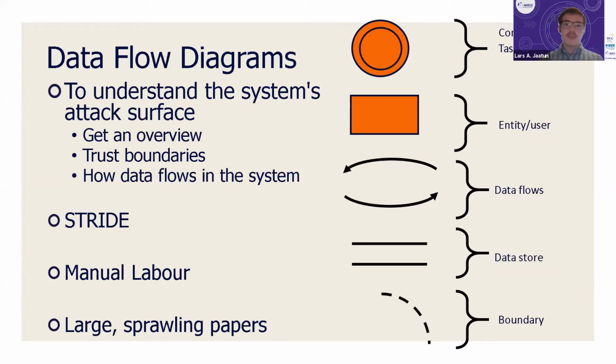And together with a threat mnemonic like STRIDE, which stands for spoofing, tampering, repudiation, information disclosure, denial of service, and elevation of privilege, you're able to categorize the threats to your system in order of importance.